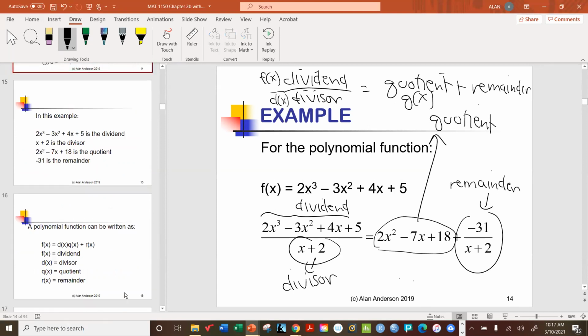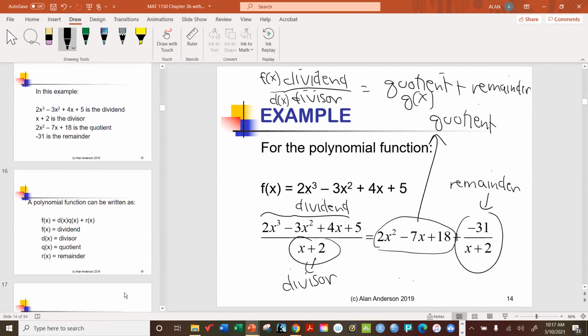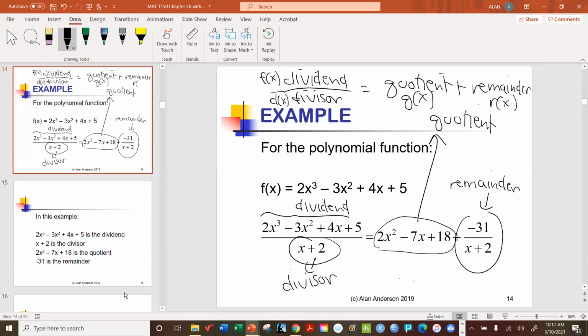And the remainder will be known as r of x. So when you see those terms, you'll say, oh, I know what they're talking about. Of course, you notice they almost ran into trouble here. There's 2 d's, but the dividend is the original function, so they're calling it f of x. The rest of these, the letter is just the same as the first letter of that word.